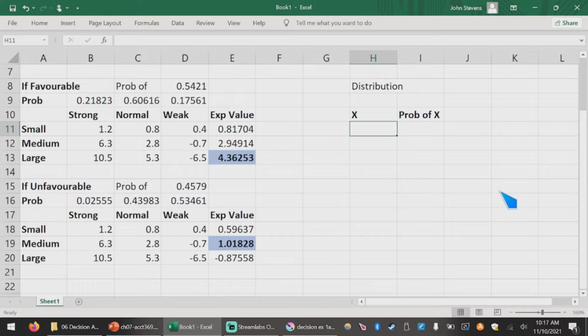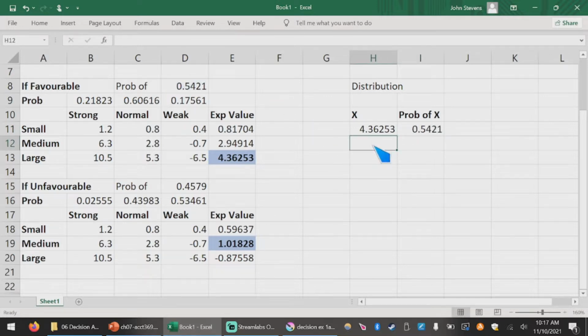It's a little weird. It's a distribution of expected values. First one is this one. And that is going to happen with probability what? It's going to happen whenever the survey says favorable. So it's going to happen with this probability.